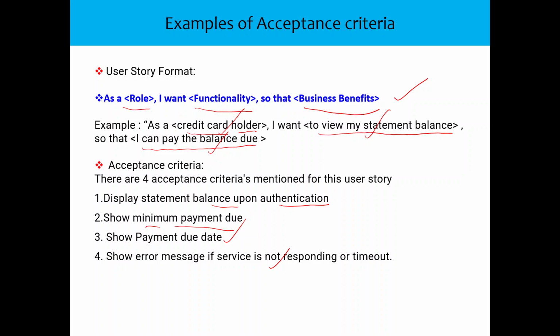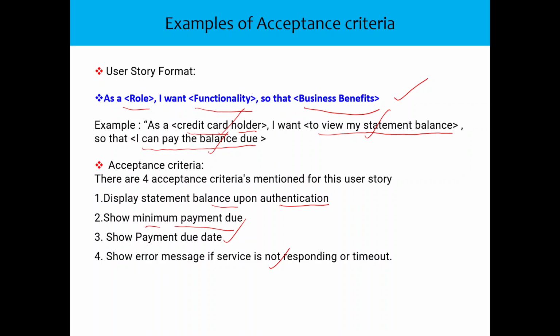Definitely we are going to write so many other test cases also. This is not the only set of test cases which will lead to acceptance, from the user perspective, from the business perspective. But from the technical perspective, the testers might write a lot of test cases.